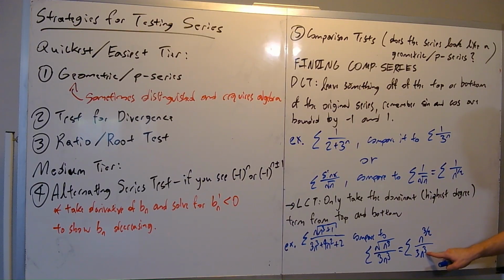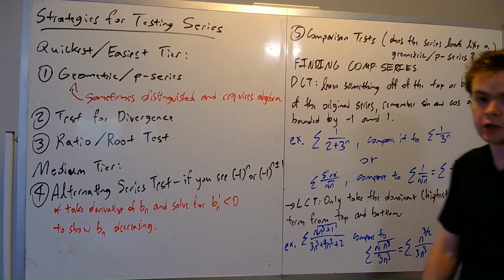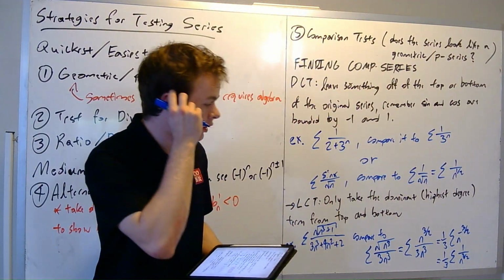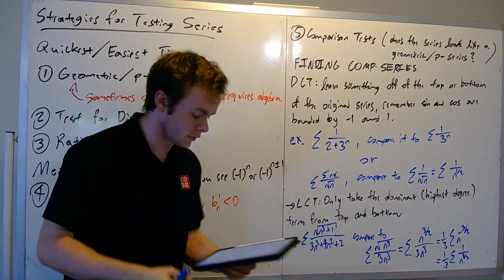So 3/2 minus 3, so that's 1.5 minus 3, that would be negative 1.5. So here you would get 1/3 times the sum of n to the negative 3/2, which you can, again, go ahead and rewrite as 1/3 times the sum of 1 over n to the 3/2, and now 1 over n to the 3/2, that's actually a p-series, so you can analyze that.